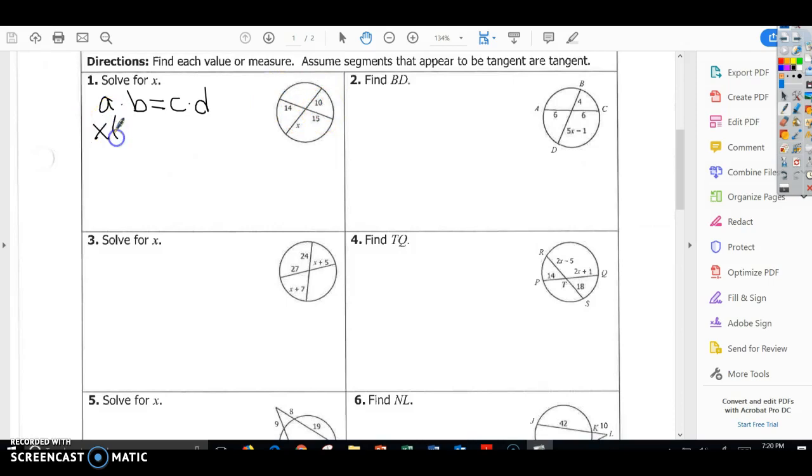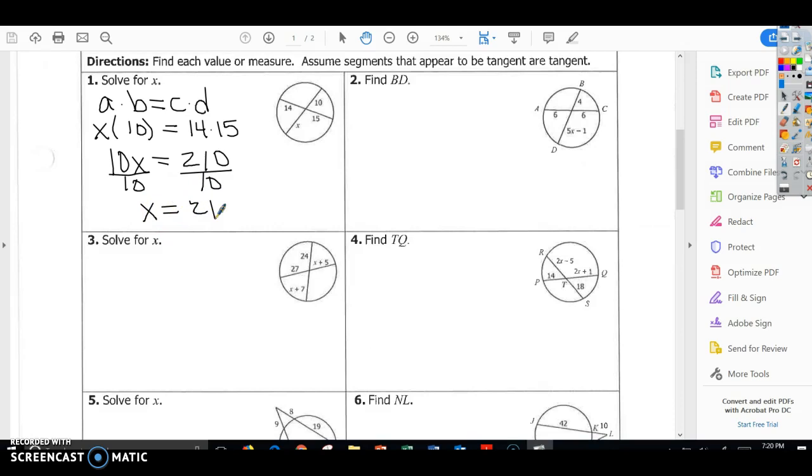You're going to have x times 10 is equal to 14 times 15. And then you just simplify from there. So we're going to have 10x equals 210, divided by 10, x equals 21.